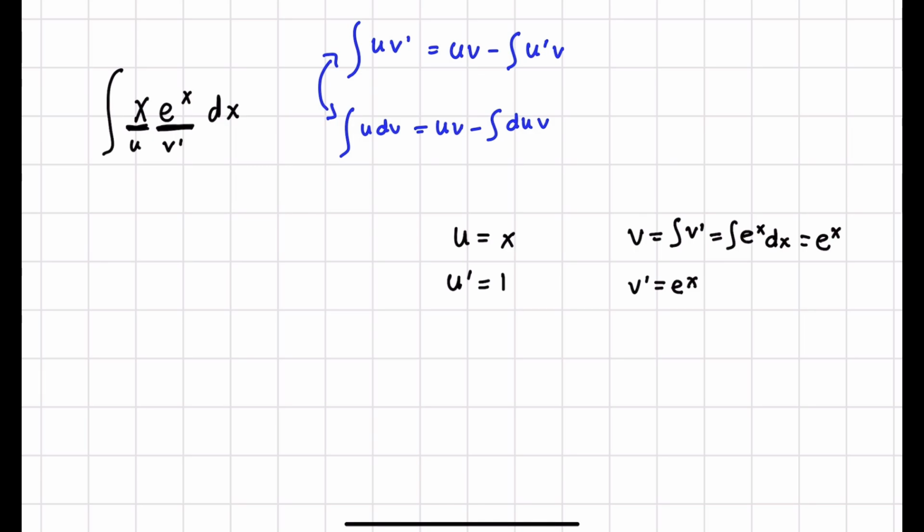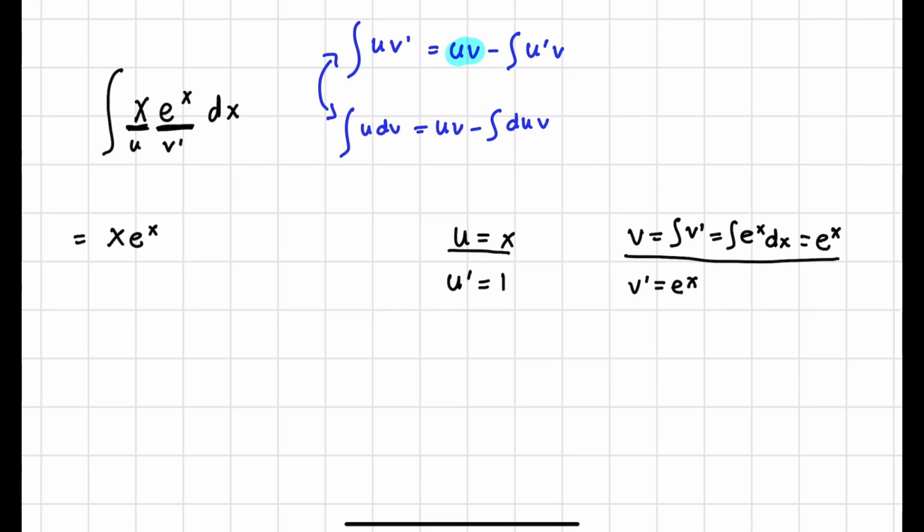Now that we have all of the parts, we can substitute them into our formula. First we have to substitute u times v, so this integral is equal to u times v. u times v is simply equal to x times e to the x.